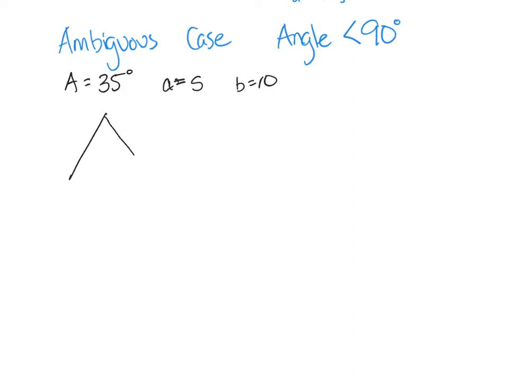So when I build my triangle, I'm going to stop doing these to scale because I'm not great at that. Angle A is 35 degrees, side length A is 5, side length B is 10, we don't know C. In this case, we have to compare our side lengths to the height of our triangle.